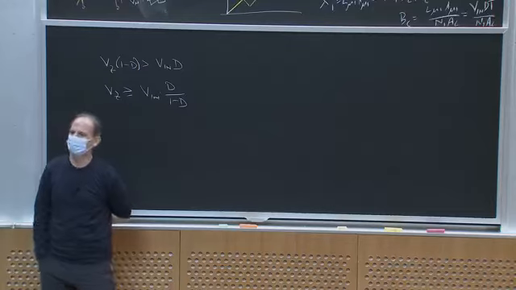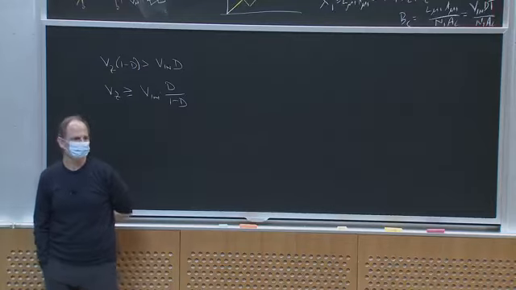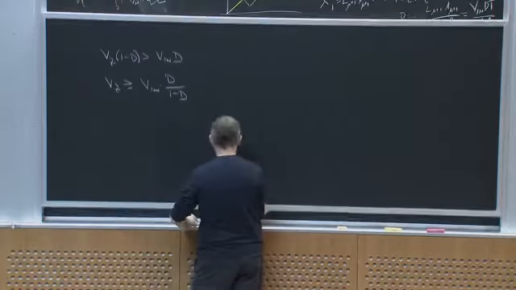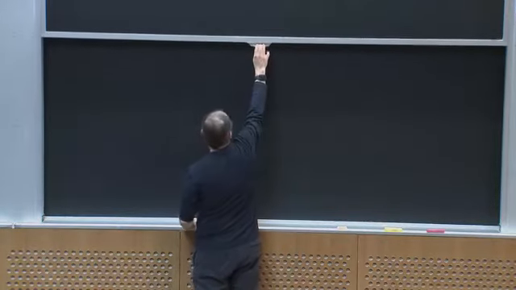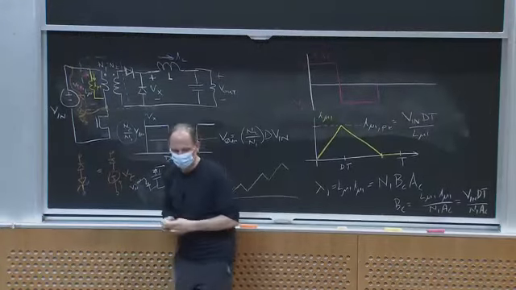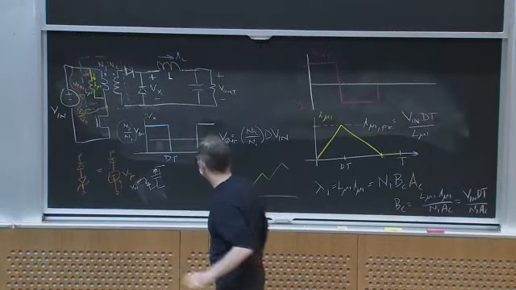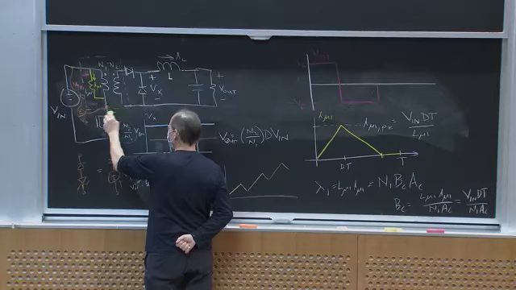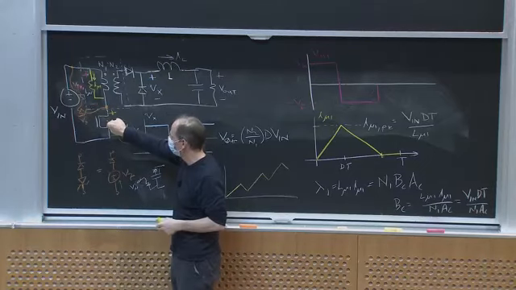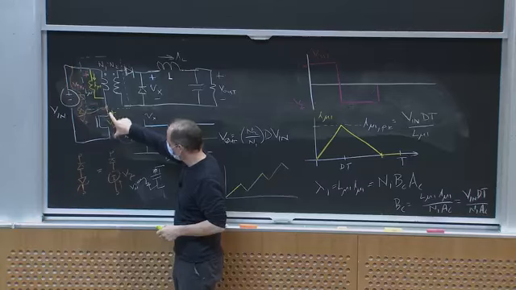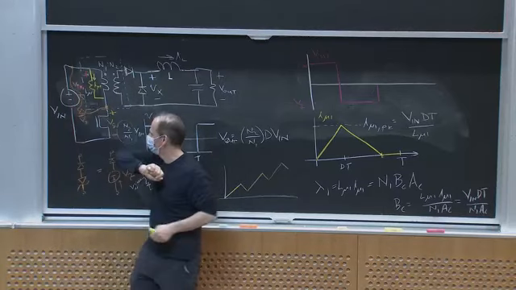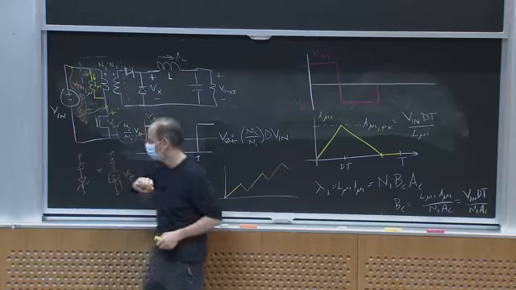So what does that say about what happens to the switch in this circuit? When the switch is on, it has 0 volts. When the switch is off and the Zener is conducting, it has Vn plus Vz across it.